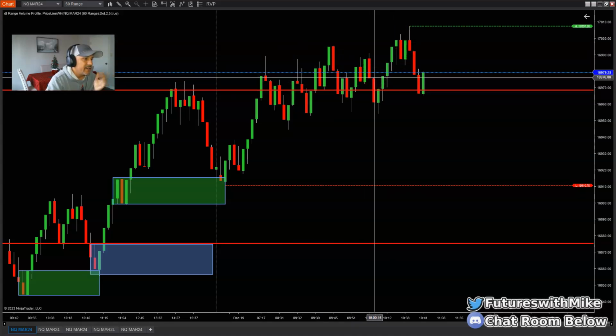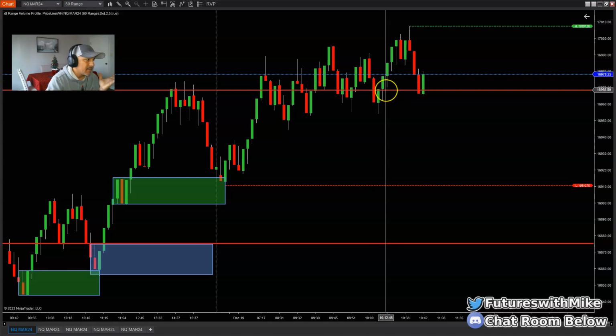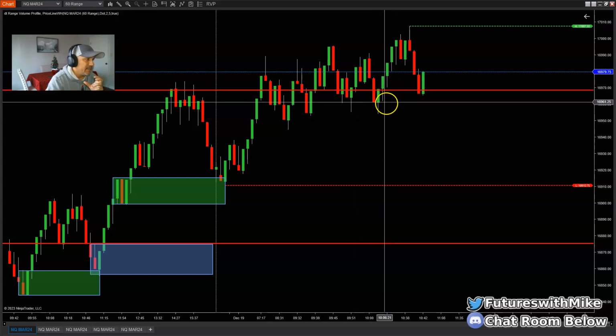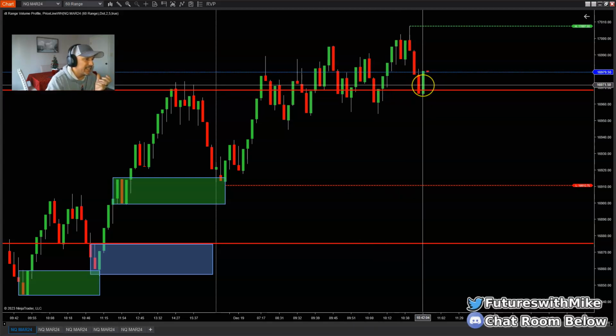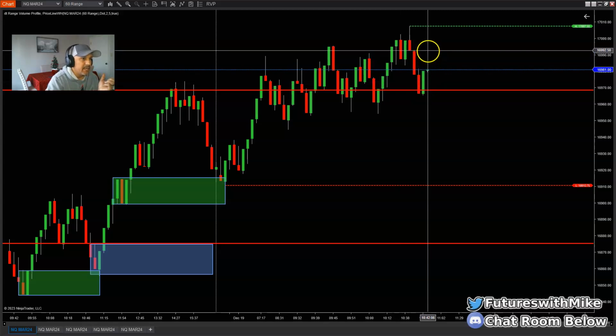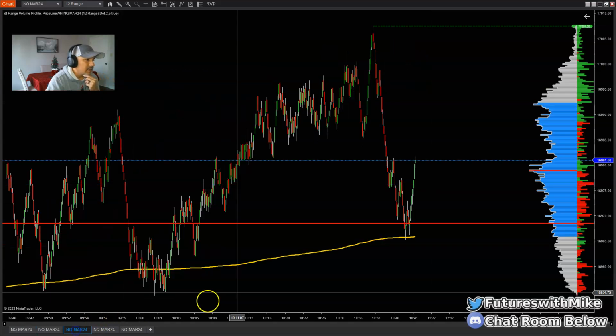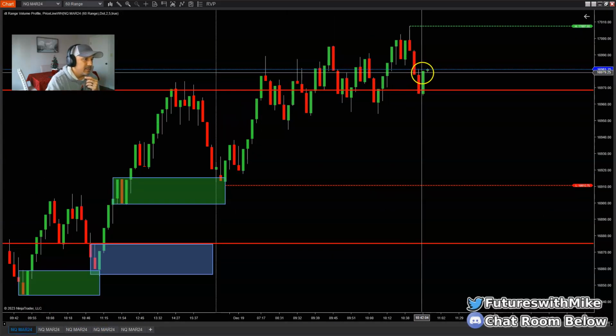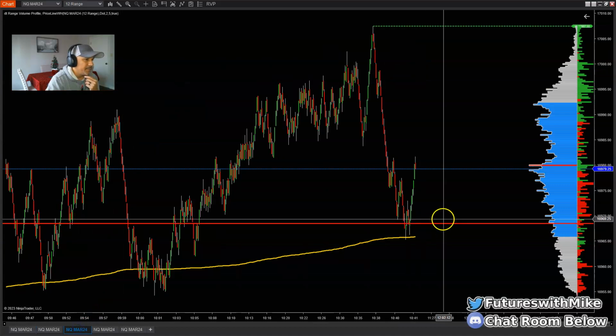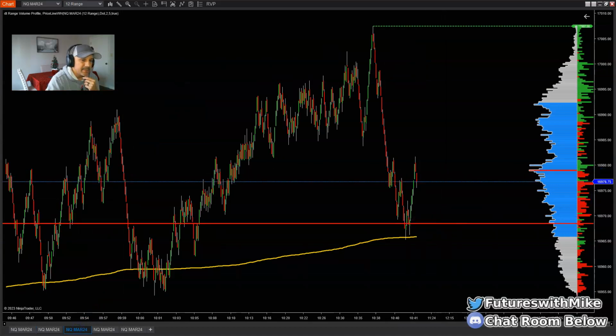This demand area here is tested. But again, I talk about those imbalances resting within the demand zone, right? So it's rejecting that area, and it could come up here and test this area up here at 92.5. We can, but it can also reject here too. So we just have to be mindful and wait it out and see what happens there.